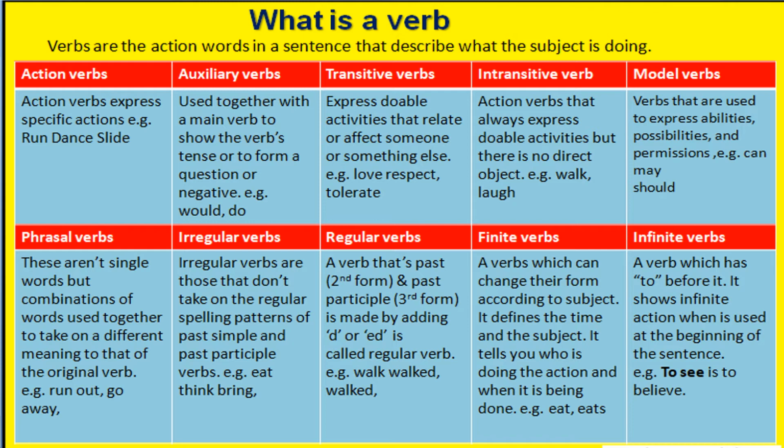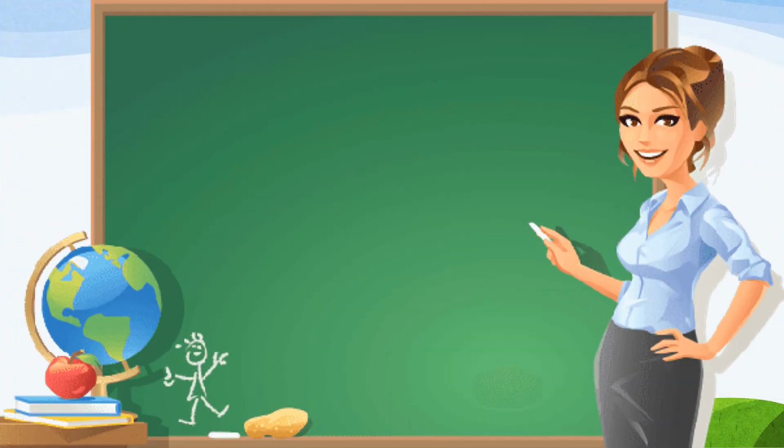As we have said, action verbs, and we can also add the state verbs, auxiliary verbs or helping verbs, transitive verbs, intransitive verbs, modal verbs, phrasal verbs, irregular verbs, regular verbs, finite verbs, infinite verbs.